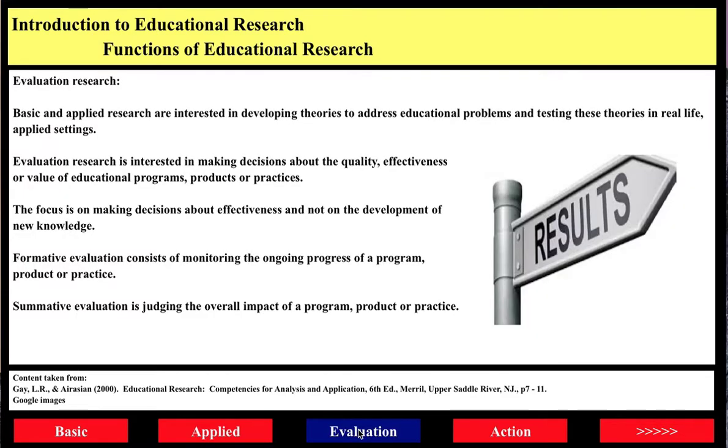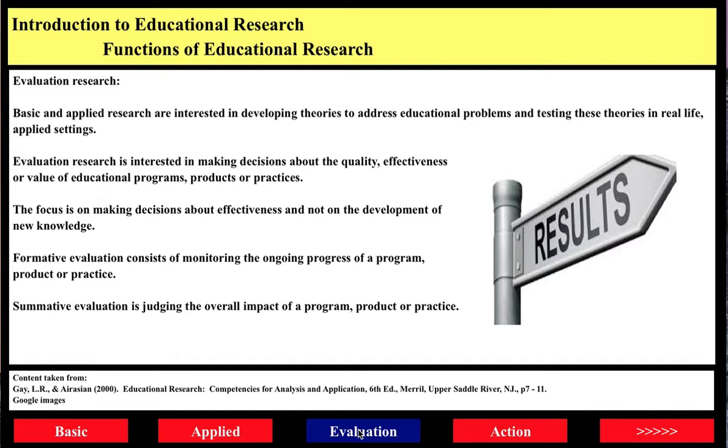Okay, the third function of research is evaluation. And basic and applied research are interested in developing theories and then taking these theories out into applied settings, in our case, educational settings, and putting the theories to test to see if they're working.